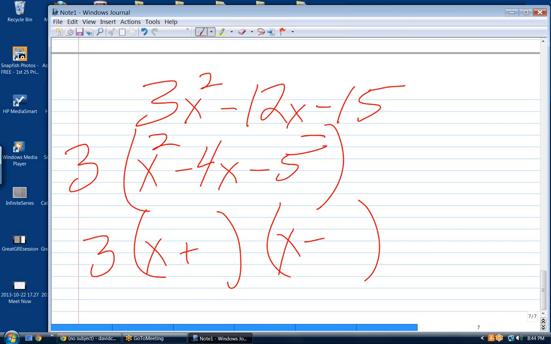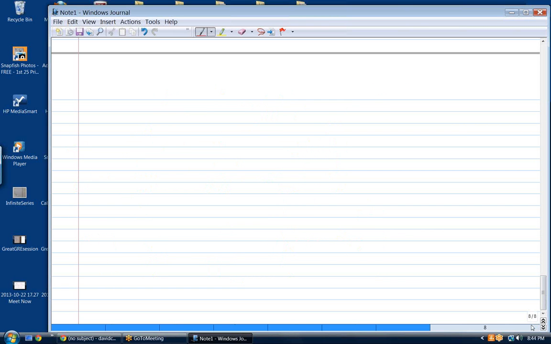So we want factors of 5 that subtract to the number 4. It's 5 and 1. The 5 goes away. You're going to put x plus 1, x minus 5. Okay. You seem to have a pretty good handle on these.